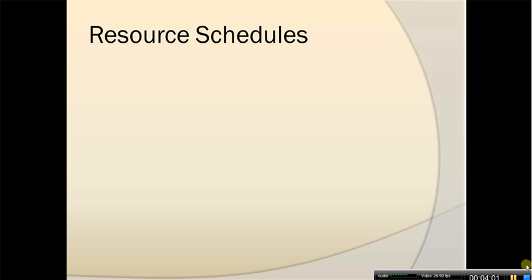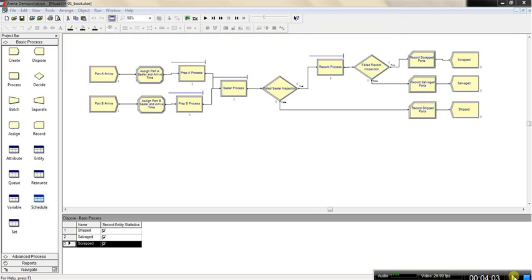So let's go ahead and open Arena. Here I opened Arena by going to the start button, then programs, Rockwell Software, and then Arena. I opened in Arena model 0401 from the book that we created during the last lecture.